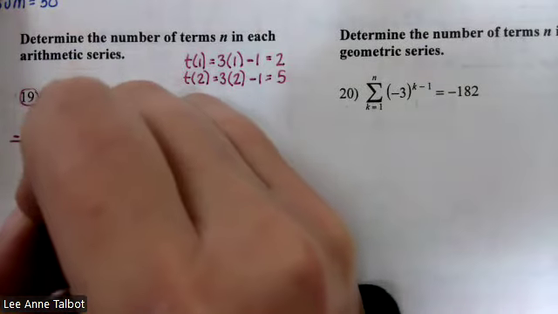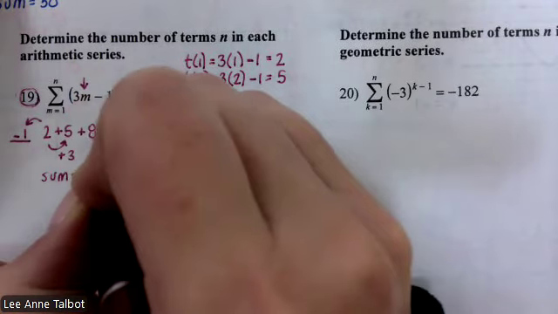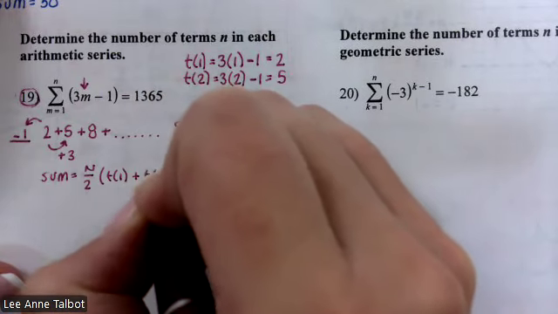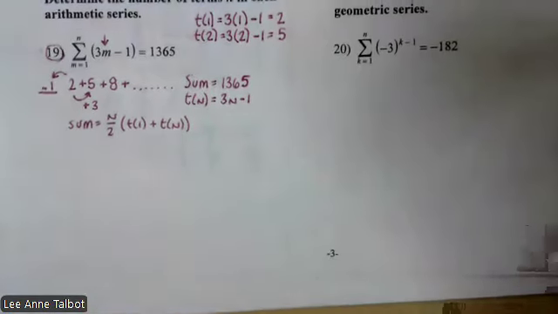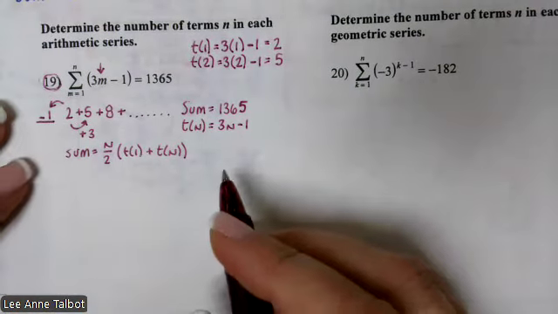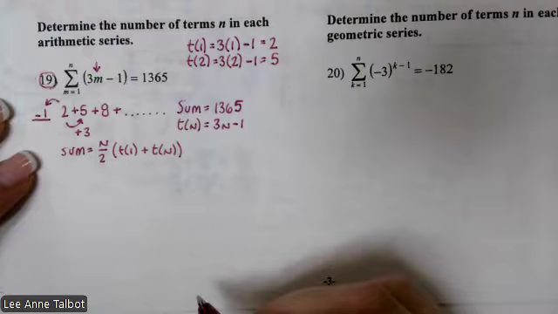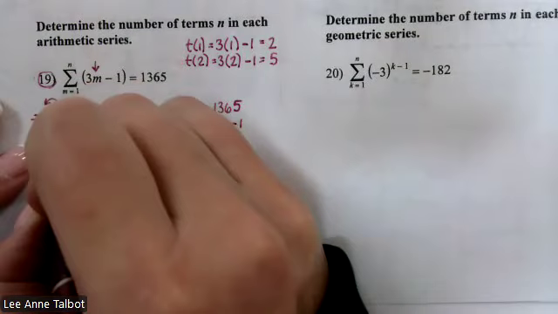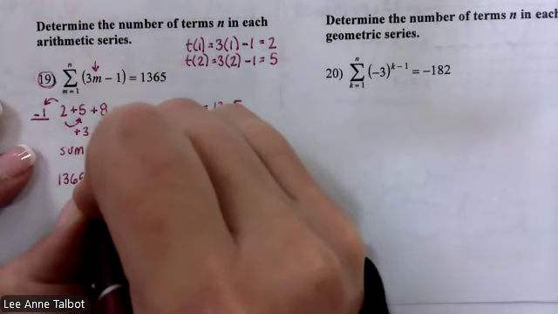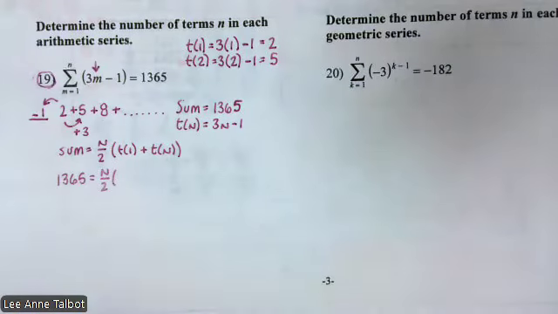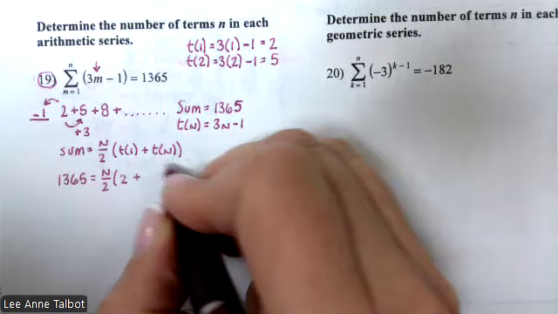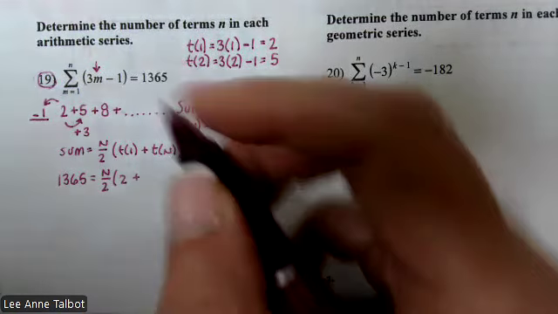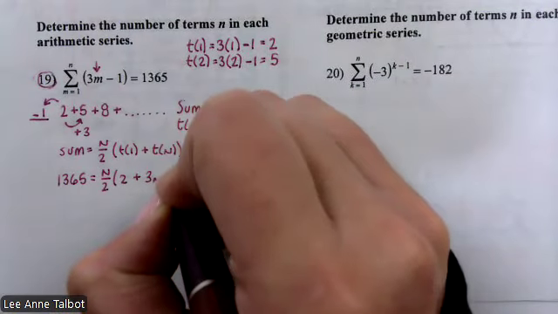Okay, sum equals n over 2 times first term plus last term. Okay, what is the sum? 1365. N is what we're solving for. And what's the first term? 2. And what's T of n? 3n minus 1.